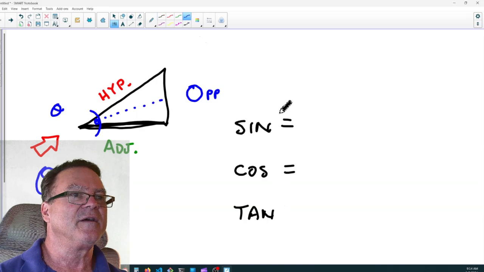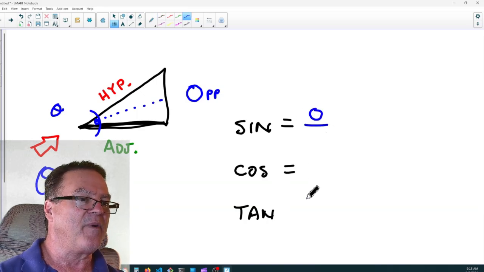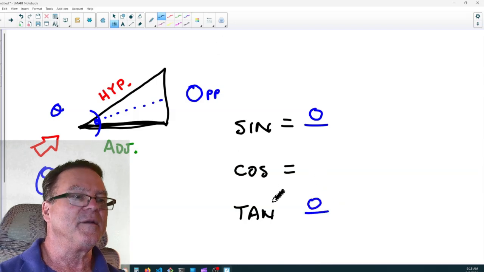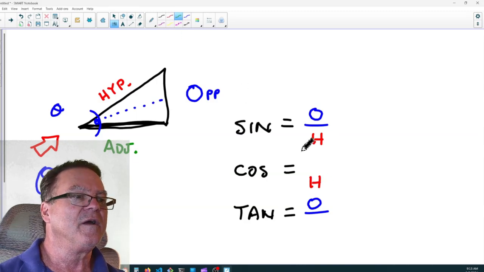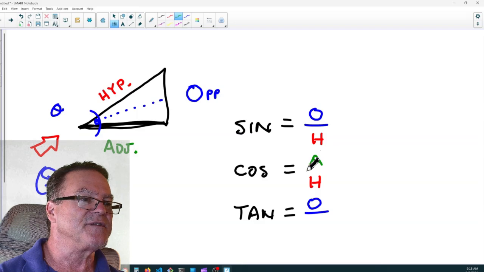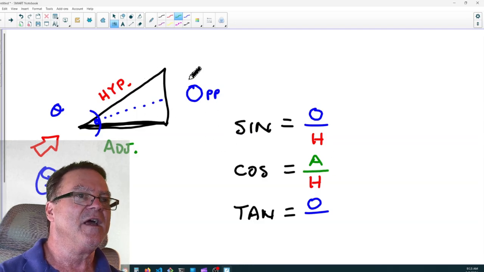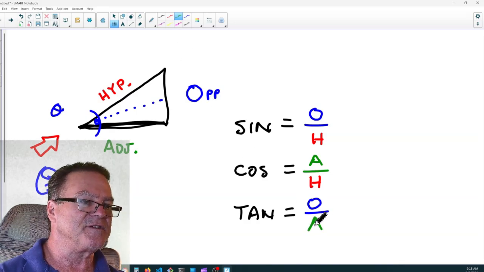Sine is the opposite side divided by the hypotenuse. And cosine is the adjacent side divided by the hypotenuse. And the tangent is the opposite divided by the adjacent.